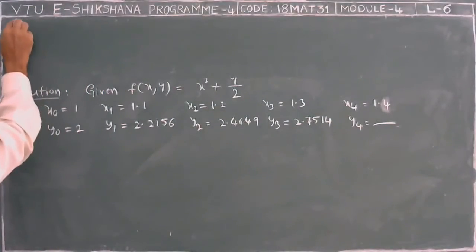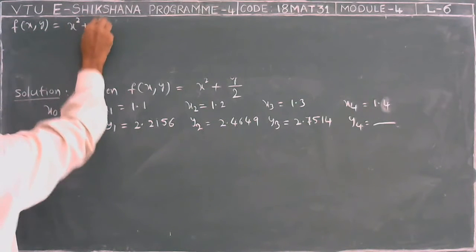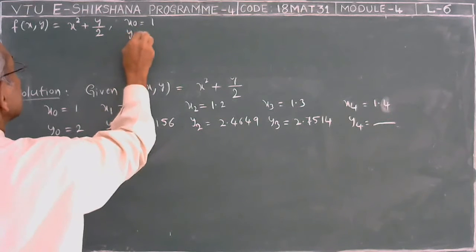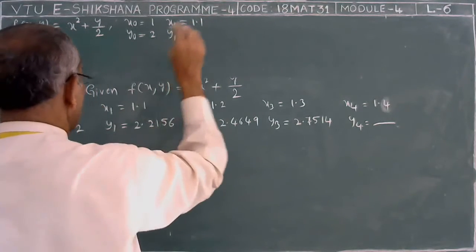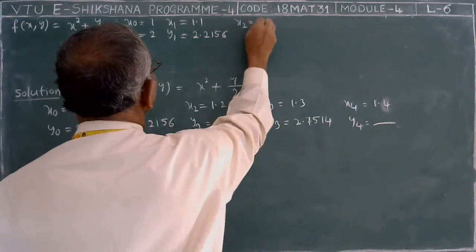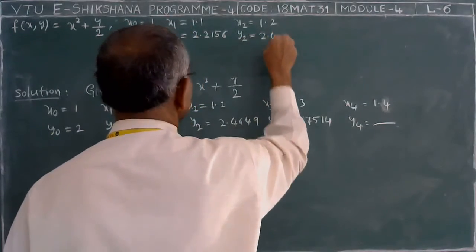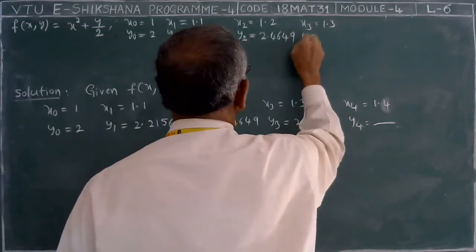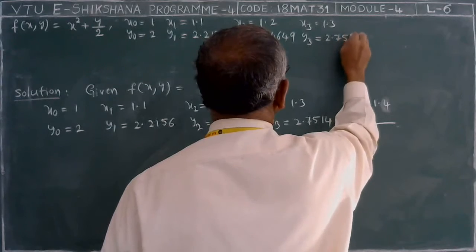Given f of x comma y is equal to x square plus y divided by 2. x naught is 1, y naught is 2. x1 is 1.1, y1 is 2.2156. x2 is 1.2, y2 is 2.4649. x3 is 1.3, y3 is 2.7514.